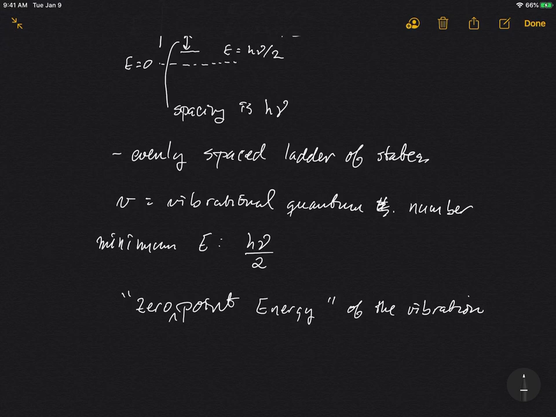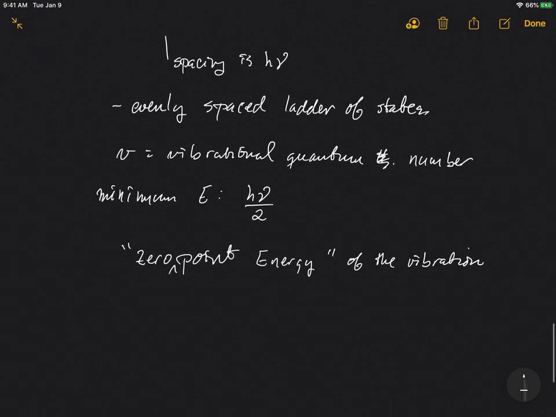And this has the somewhat disquieting effect, very much analogous to the particle in a box case, where molecules with vibrations are never really fully at rest. Not only are they translating back and forth like a particle in a box, even the vibrations within the molecule have some kinetic energy associated with them, some 0-point energy.